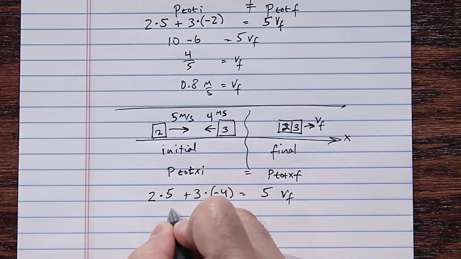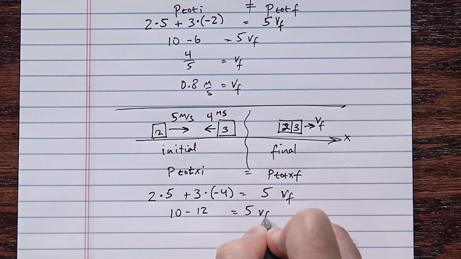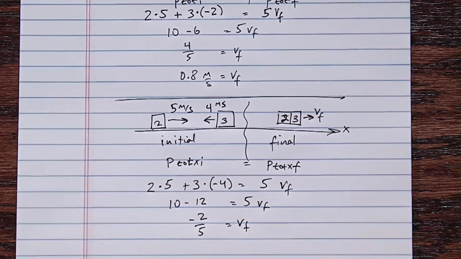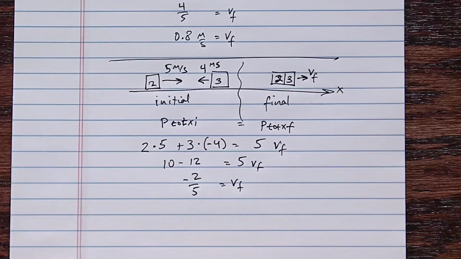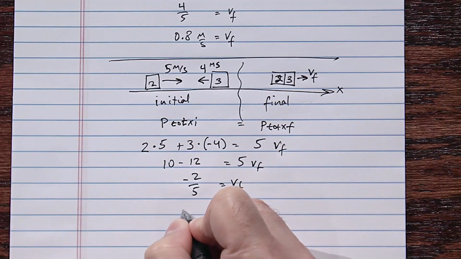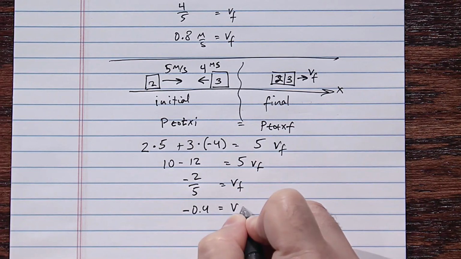So we have 10 minus 12 is equal to 5 v final, or minus 2 over 5 is v final. Or minus 0.4 is equal to v final.